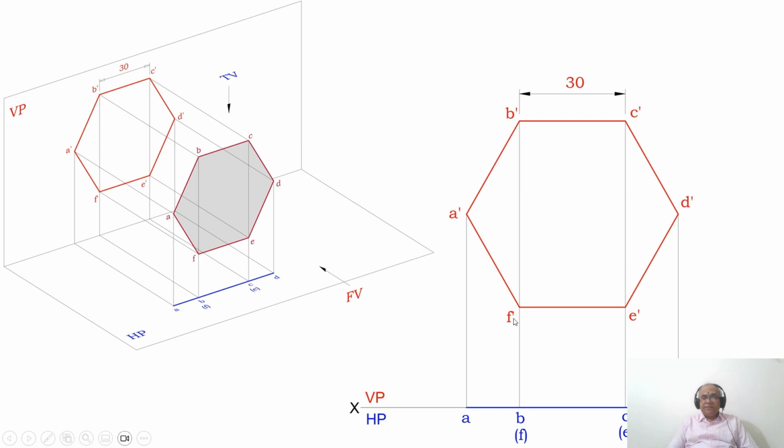E dash and F dash are away from the observer and coincide with C dash and B dash, therefore they should be in brackets. So we mark these as E and F in brackets. Then join A to D with a dotted line. So this is how we will be able to draw the initial position of the hexagonal lamina.